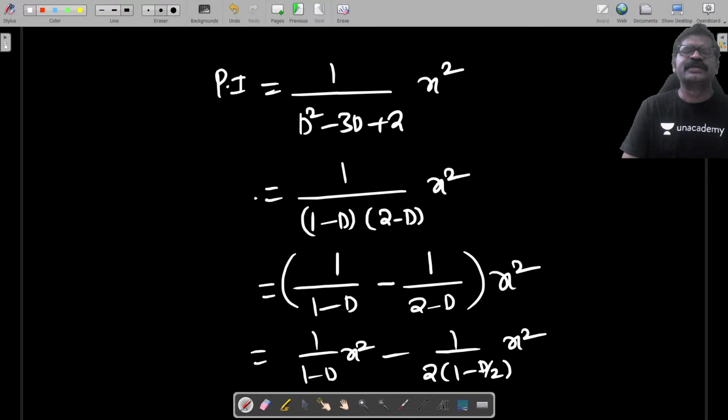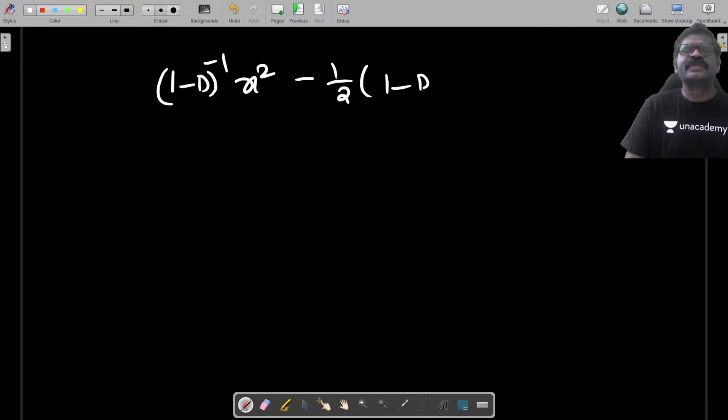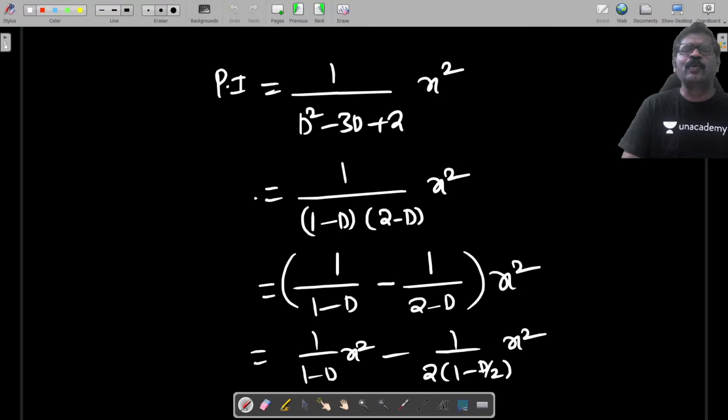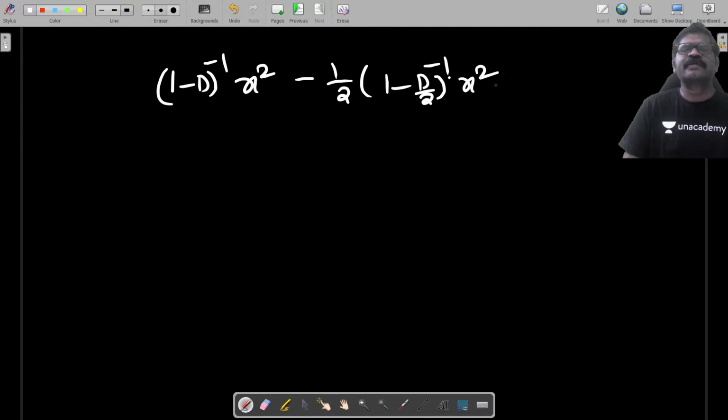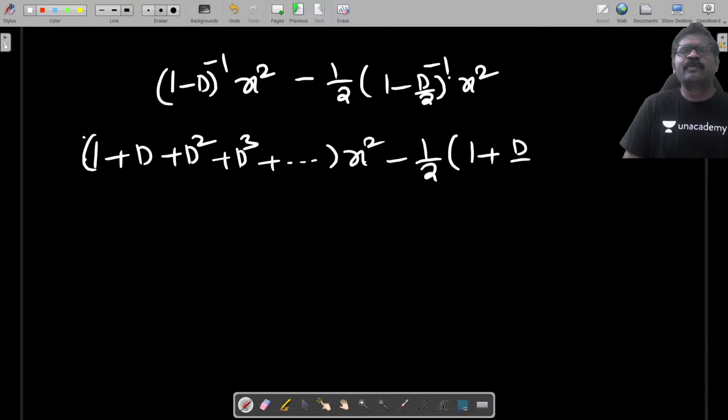Continuation. 1 by (1 minus D) can be written as (1 minus D) whole inverse of x square minus 1 by 2 of (1 minus D by 2) whole inverse of x square, that is (1 plus D plus D square plus D cube plus and so on) of x square minus 1 by 2 of (1 plus D by 2 plus D square by 4 plus D cube by 8 plus and so on) of x square.